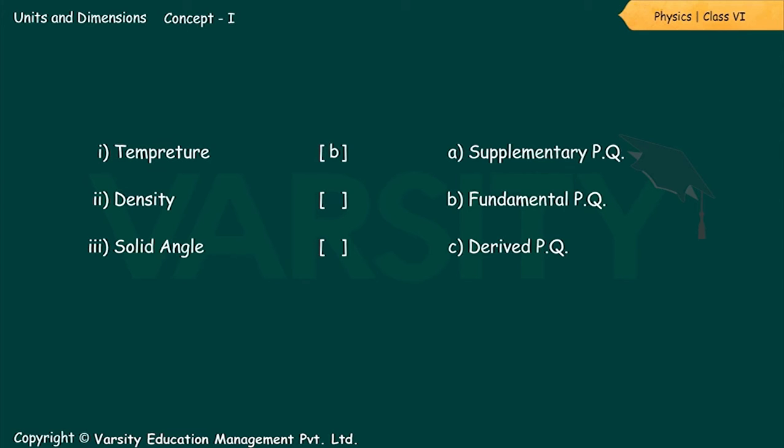We have already derived this earlier as mass by volume. So we already know density is derived from mass and length. So it matches the option C. Solid angle is a special physical quantity which is one of the 2 supplementary quantities. So it matches the option A.